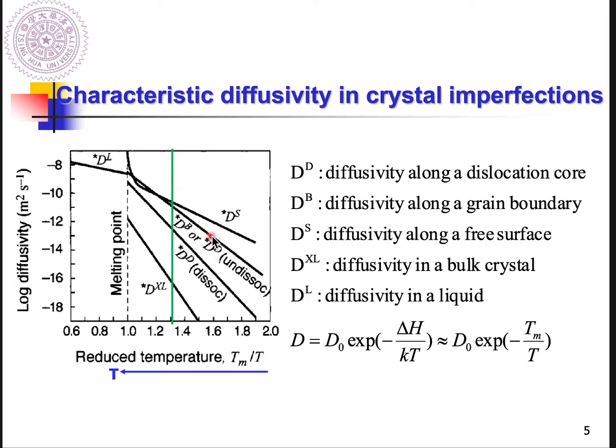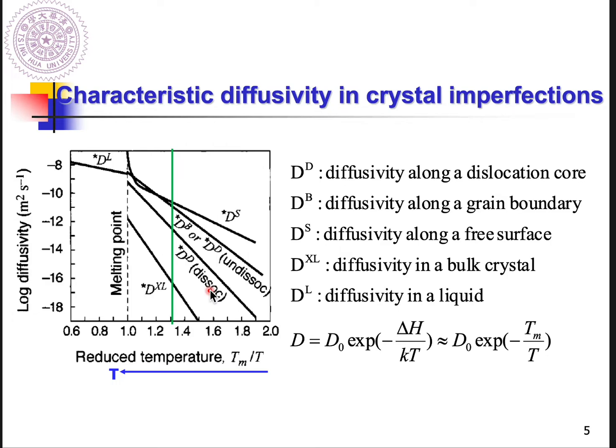And now we have a DD. There are two different DD: the dissociated and the undissociated dislocation. You can use the Burgers vector to describe the dislocation, right? The undissociated dislocation means you have a complete dislocation. What's a dissociated dislocation?